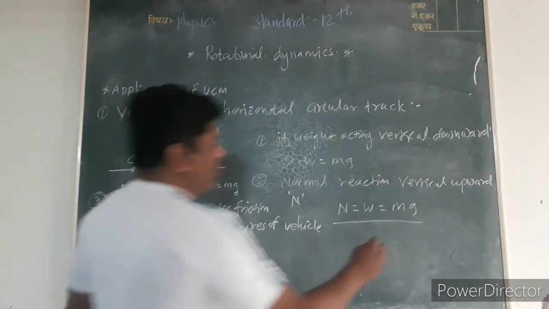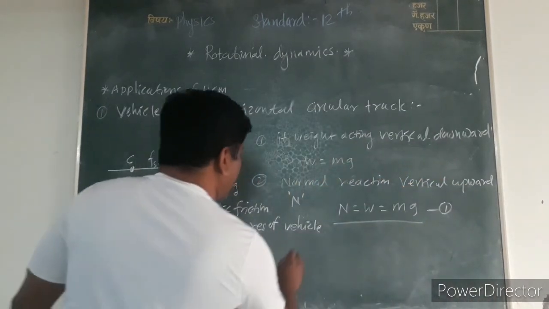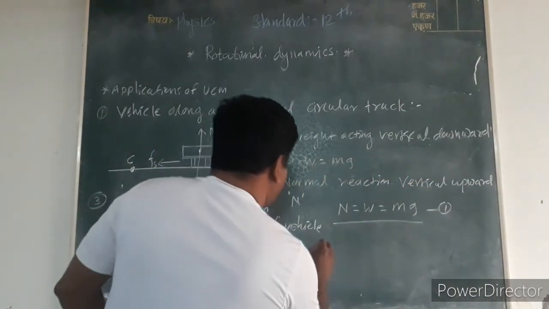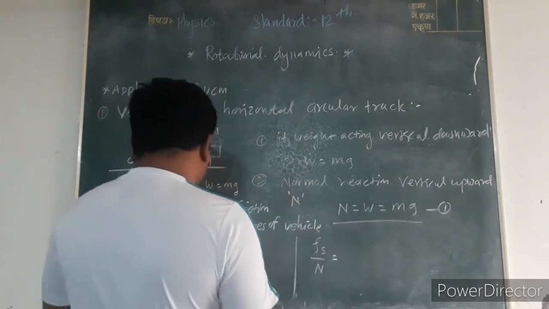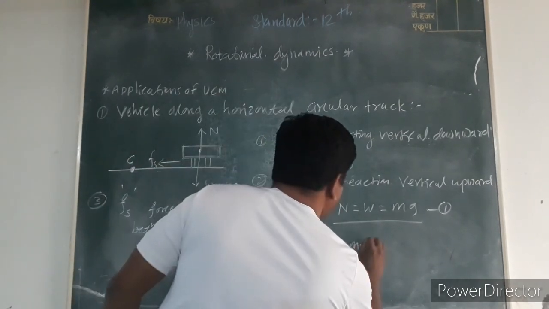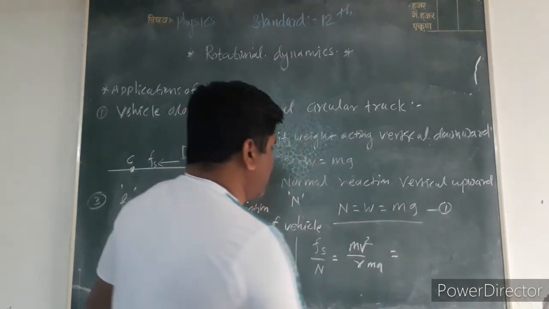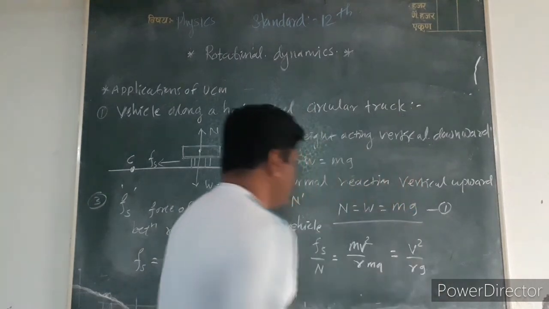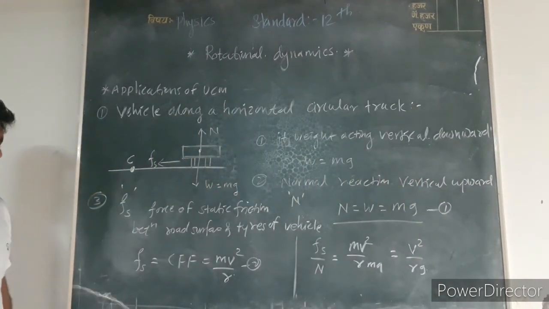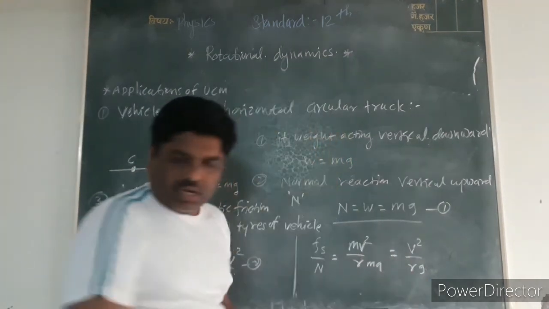Now suppose this is equation number 1, and this is equation number 2. From these two equations, Fs upon N is equal to mv square upon r divided by mg, which is equal to v square upon rg.